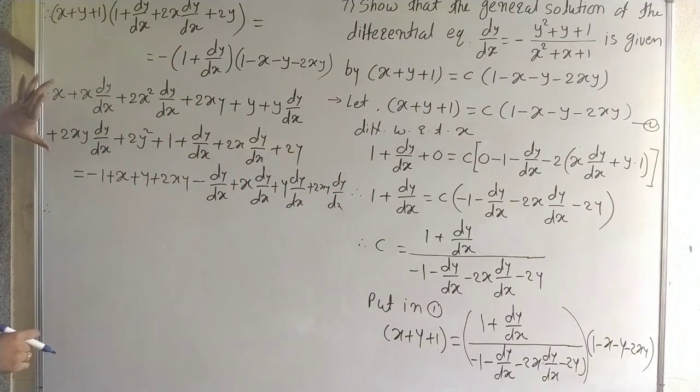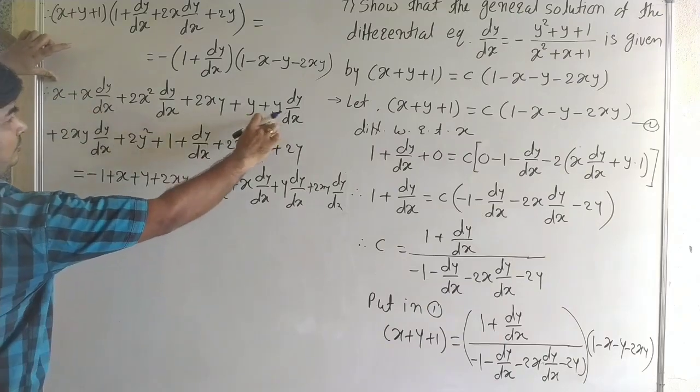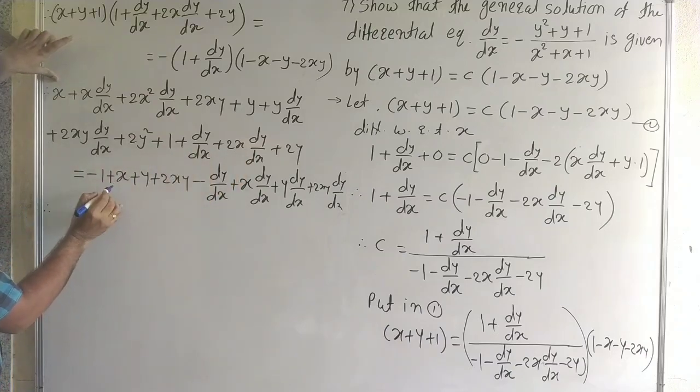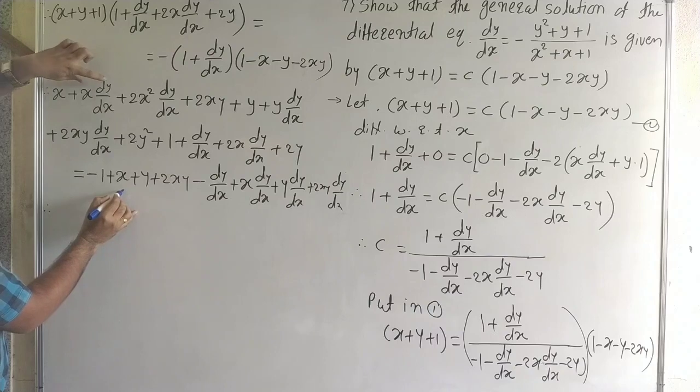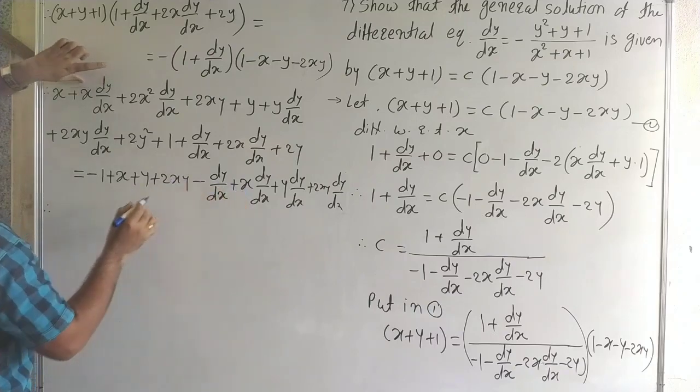Now it is LHS and it is RHS. In the LHS here it is x and here it is x, get cancelled. Okay, x gets cancelled, then x dy by dx and x dy by dx get cancelled.